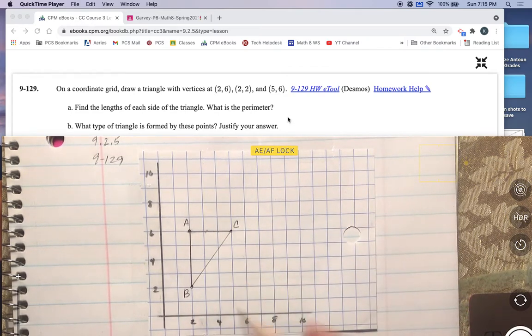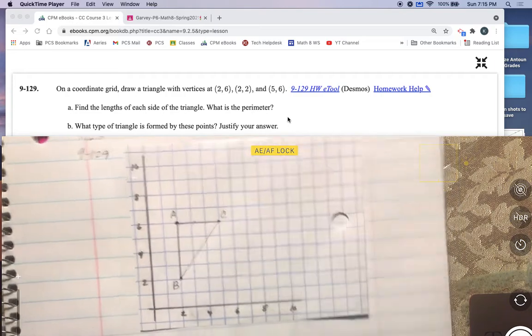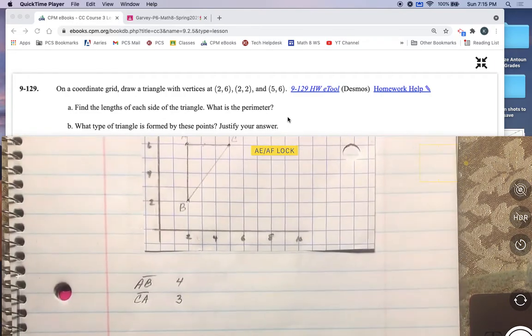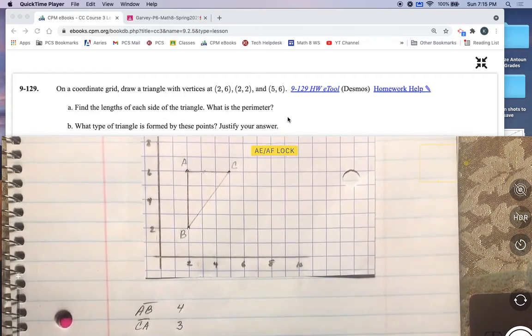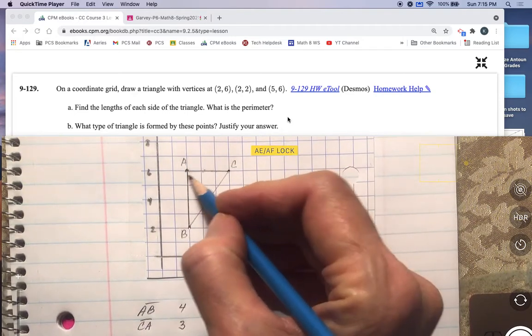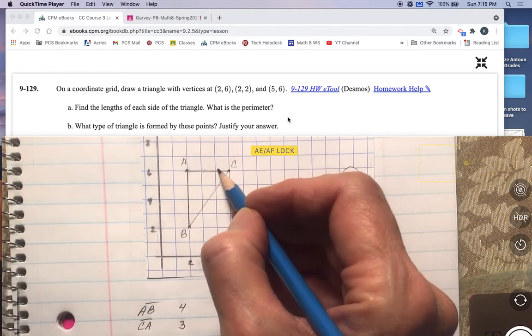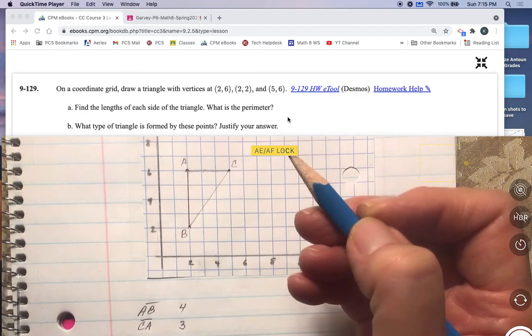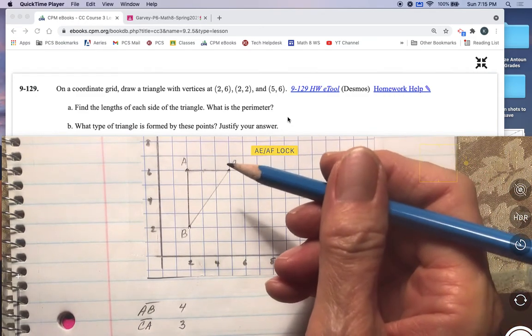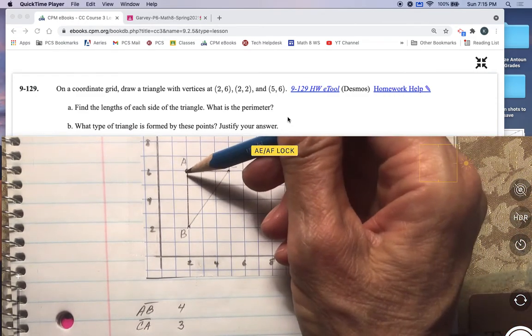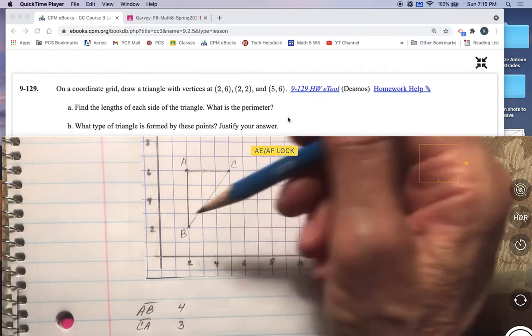So what we're going to have to do for that is use the Pythagorean Theorem, because when we look at this triangle, we realize this line is going exactly horizontal, and this is exactly vertical.